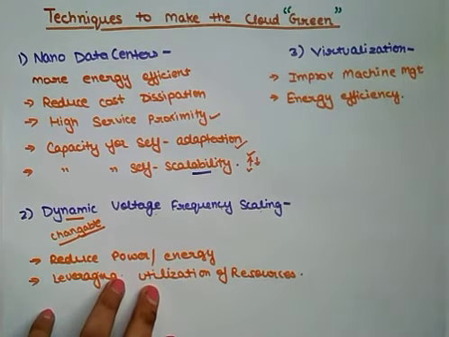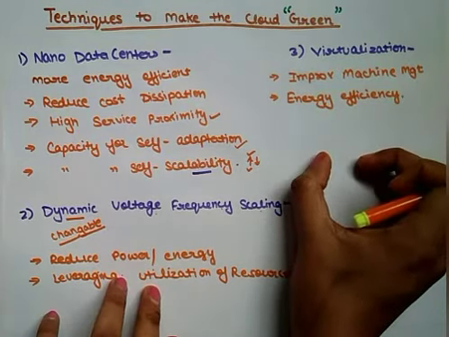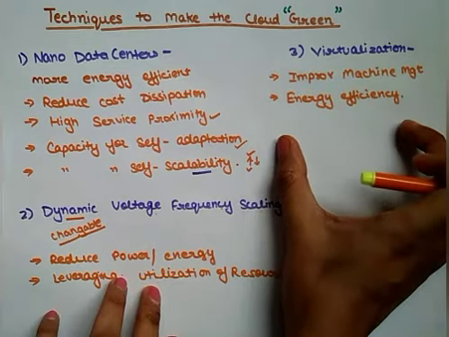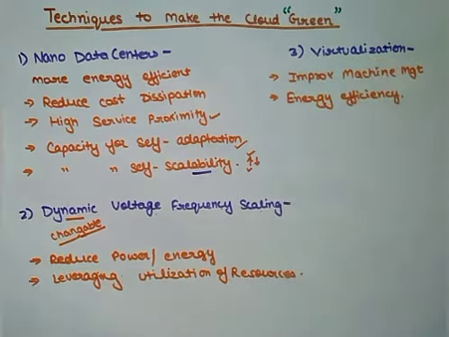This is called virtualization. As we all know, with the help of cloud computing, we can share one or more resources with multiple people or organizations at the same time, right? All these are done with the help of virtualization only.